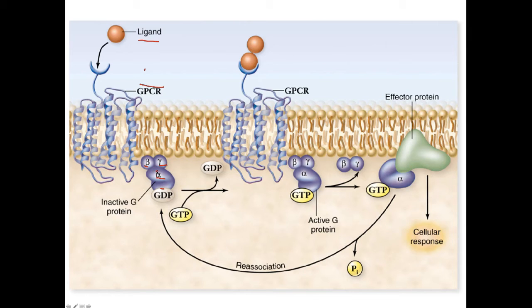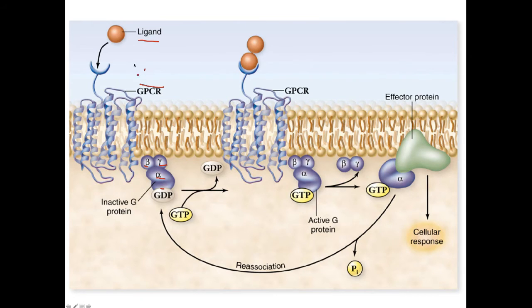So it's hetero, not homotrimeric, but heterotrimeric. And these heterotrimeric G proteins are associated with particular G protein coupled receptors. Again, which one depends upon the cell we're talking about and the ligand that is specific for the G protein coupled receptor.